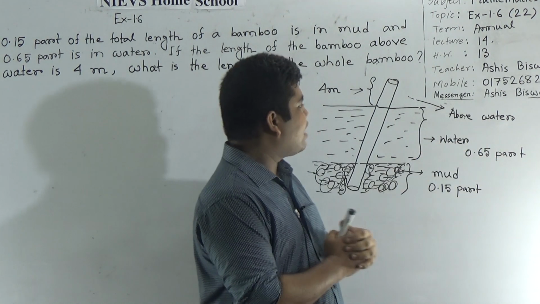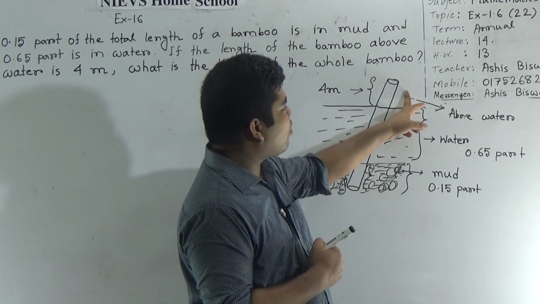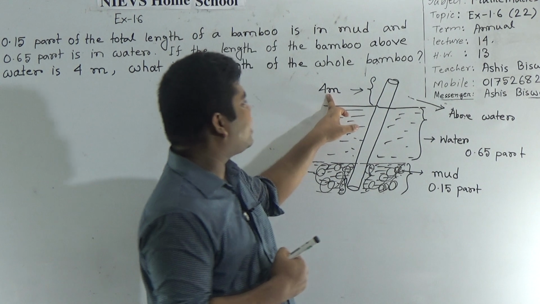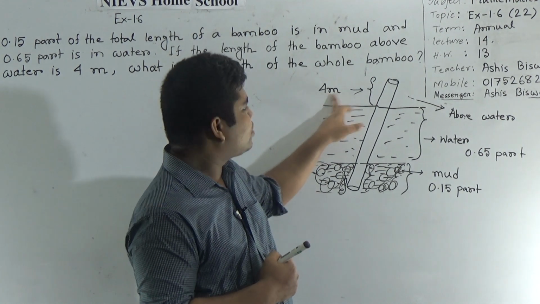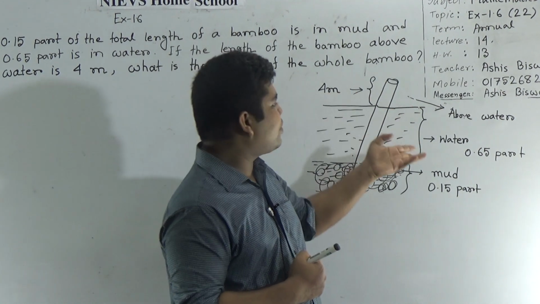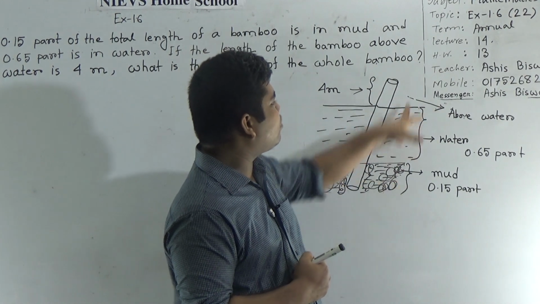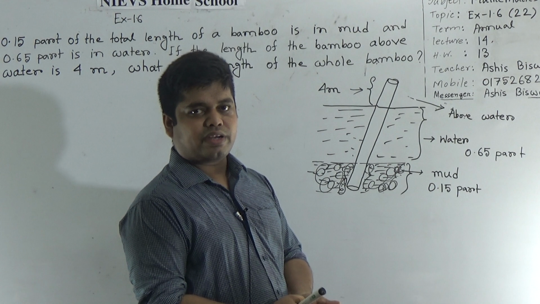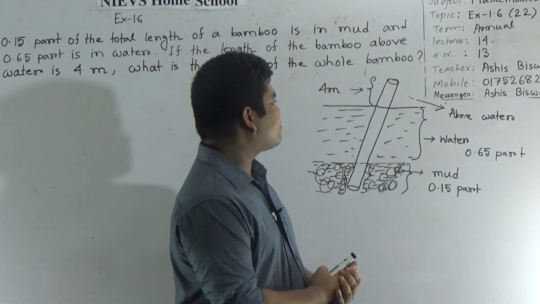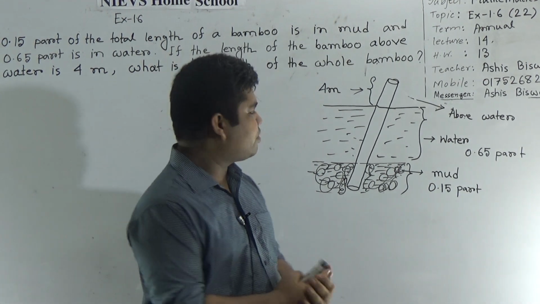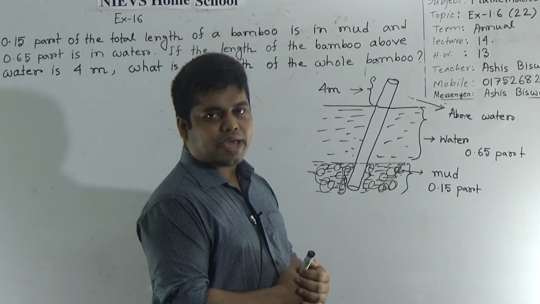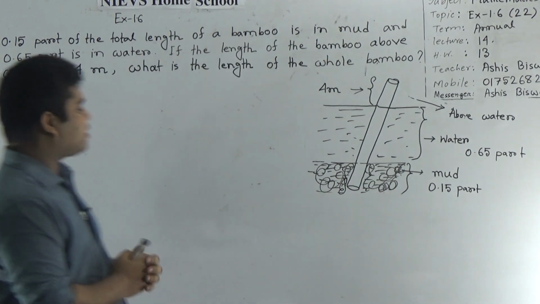That portion and the length of the above water portion are the same. So we can set this portion equal to 4 meter. Therefore, the whole length, 1 portion, equals how many meter? And this is our today's math. I hope you have understood how to solve this math. So let us start our math.